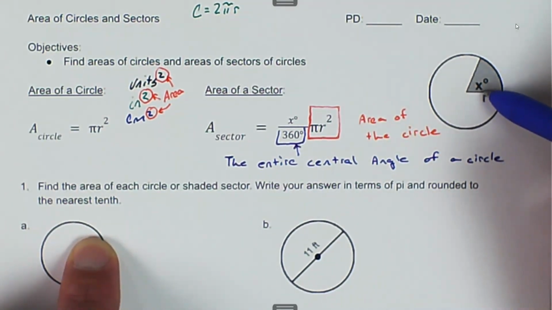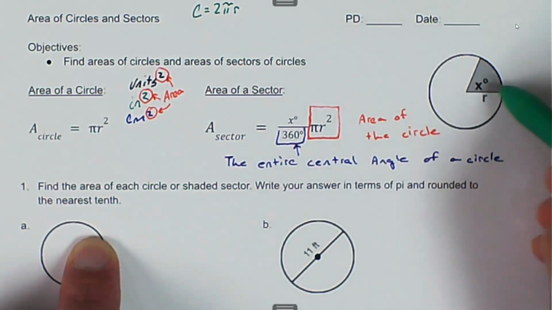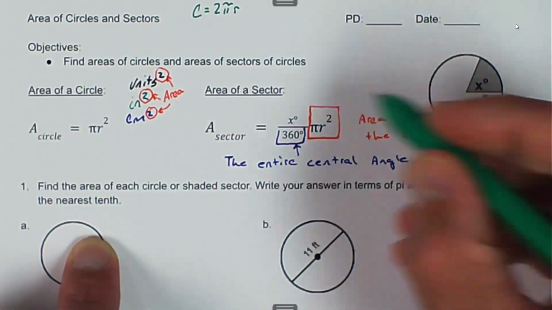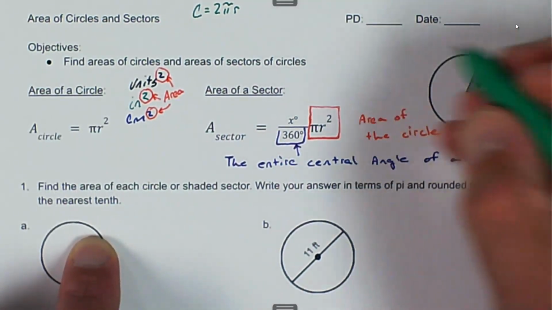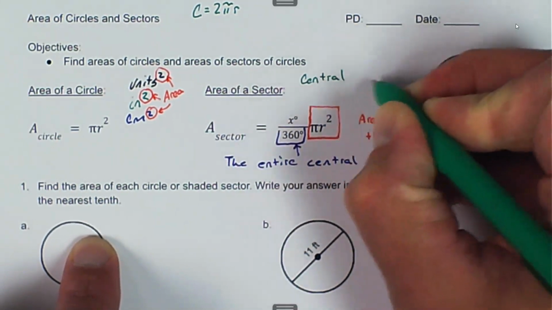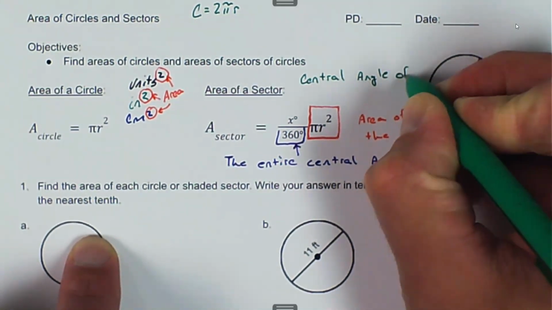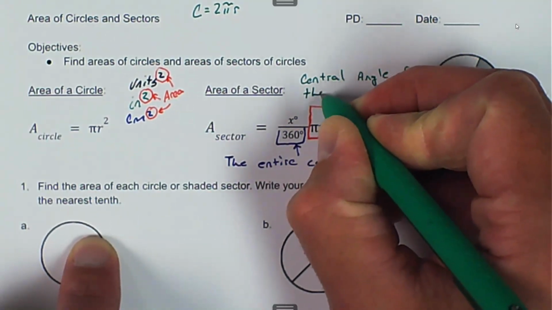So that's the whole thing, all the way around. Starting here with that radius that has the r on it, going all the way around, that's 360 degrees. And then our x up at the top is just the central angle that we're talking about. So that's the central angle of the sector.